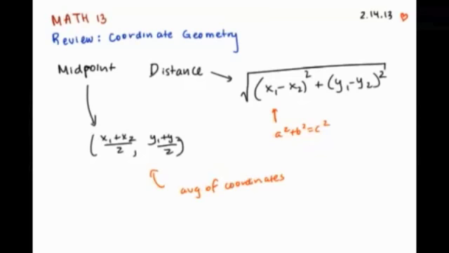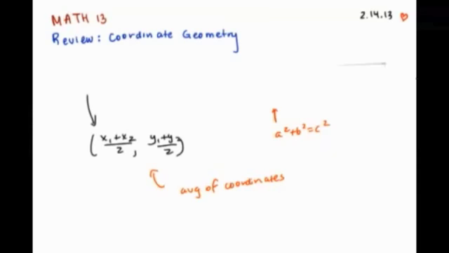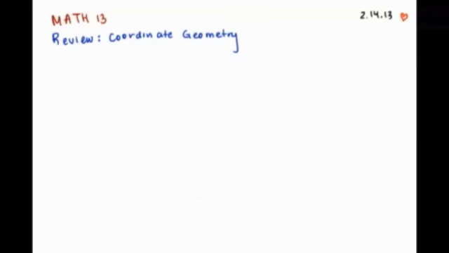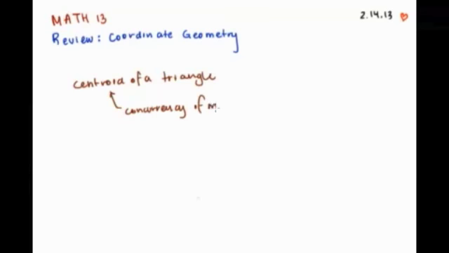There's another formula like the midpoint that has to do with the average of the coordinates. Both the midpoint and the centroid formulas involve finding the average of the coordinates. So if you want to find the centroid of a triangle, and by the way, you do know that the centroid is the concurrency, or the joining at one point, of medians.